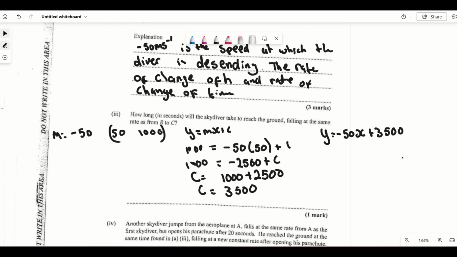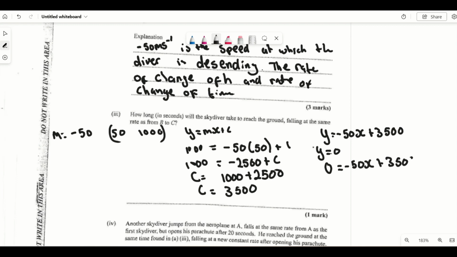And then you're going to say, when they say at which the diver reaches the ground, that means height is 0. So if your height is 0, that means y equals 0. So you make x the subject. You want to know the point at which it intersects the x-axis, right? So instead of y, you're going to put 0 equals negative 50x plus 3,500.